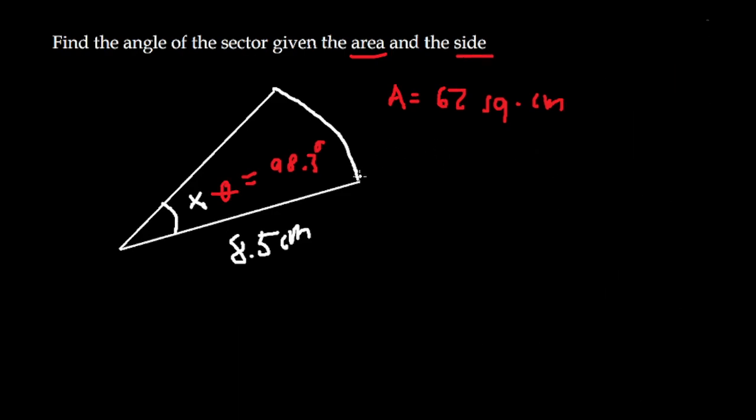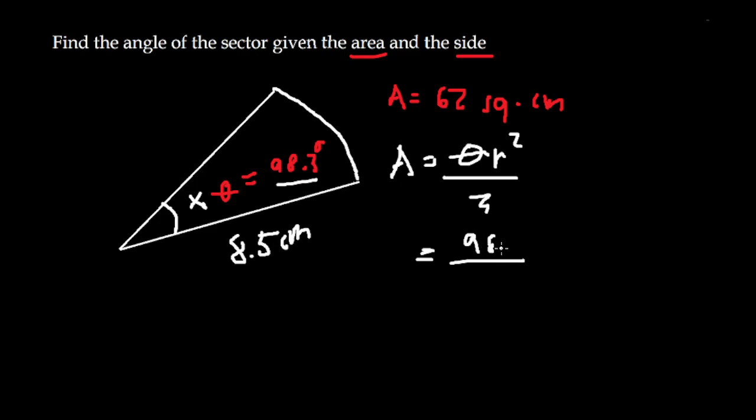So, let us check kung tama ba yung sagot natin na 98.3 degrees by using again the formula. A is equal to theta r squared over 2. So, substitute. Convert ulit natin yung 98.3 degrees to radians: 98.3 over 180 pi times r squared, which is 8.5 squared divided by 2.